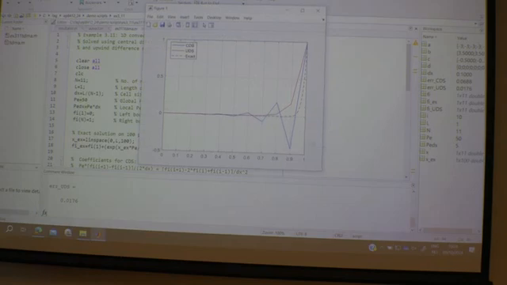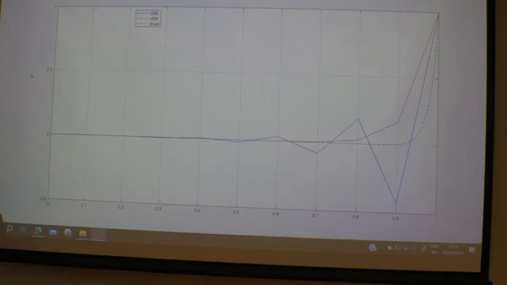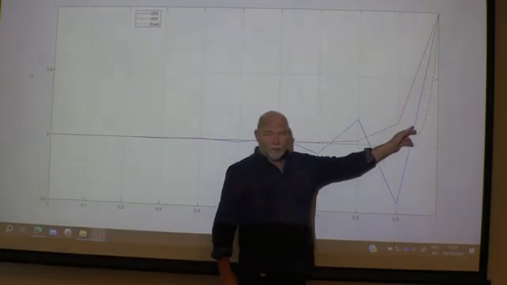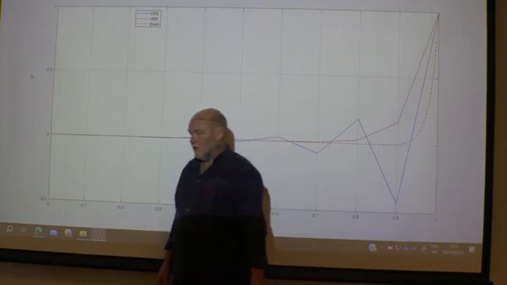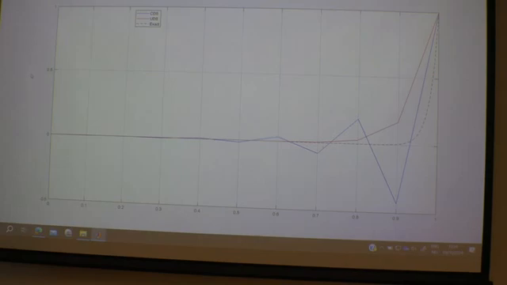But if we now look at the solution, we get something like this. We have the exact solution, that's the dashed line. This is what it's supposed to be. And then we have the central scheme, the blue one. It goes totally berserk, really oscillating. So not a good solution.